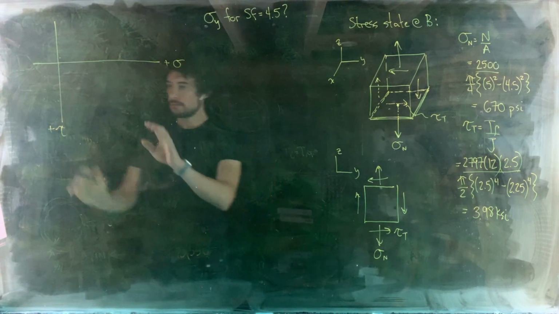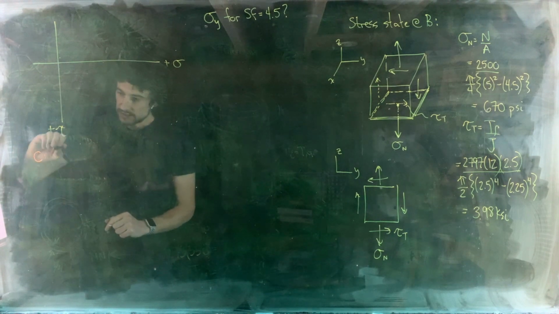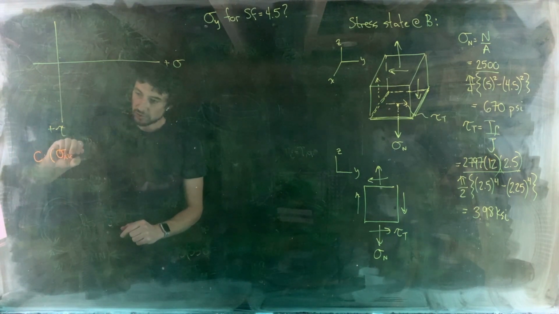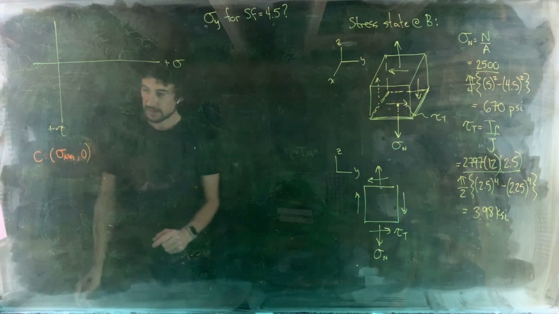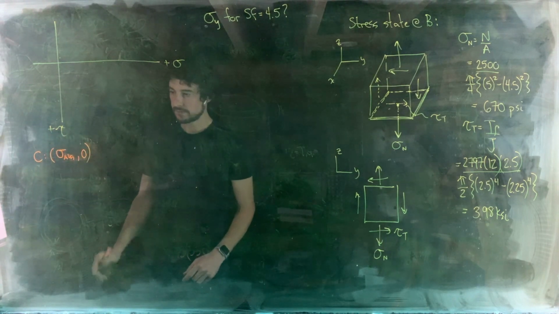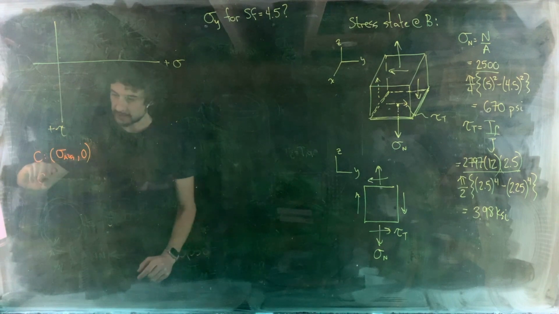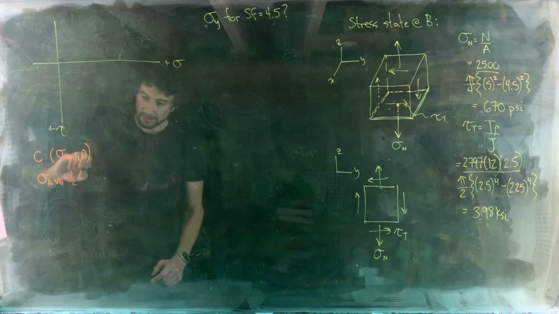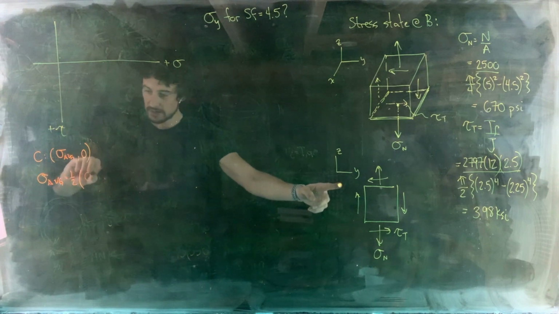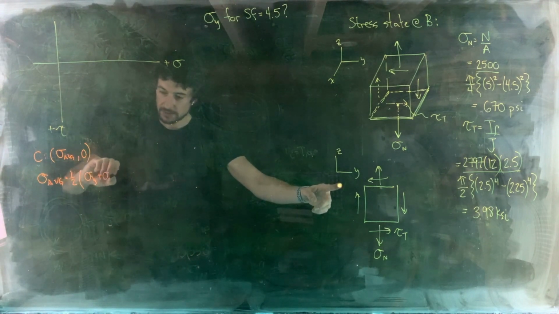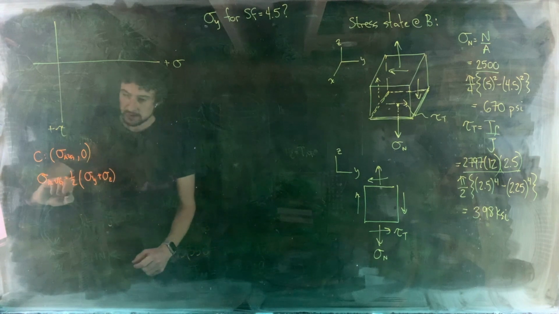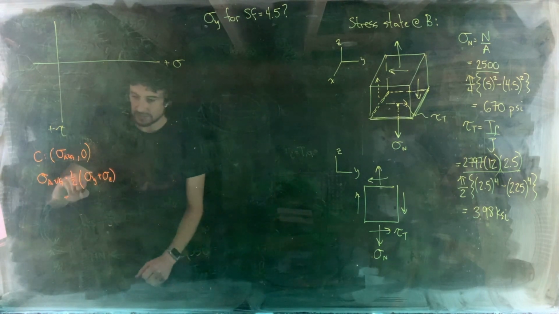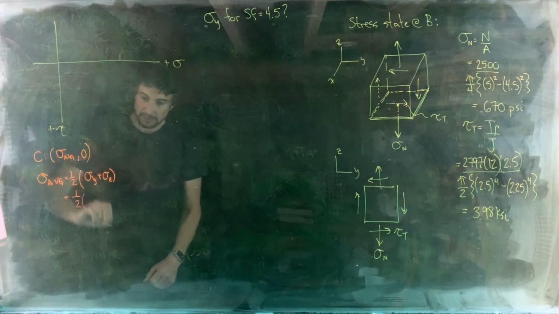So the center of the circle, C, is located at the average normal stress, comma, 0, right? What's our average normal stress in this case? It is 1/2 of sigma y plus sigma z. Here we've just got half of sigma n.